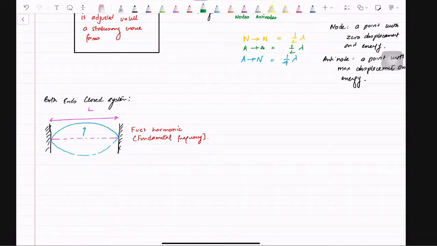Now if you see, this point is a node, this is an antinode, and this is a node. So it means that from a node to another node, we've just learned that it is equal to half lambda. Got it? Yes.